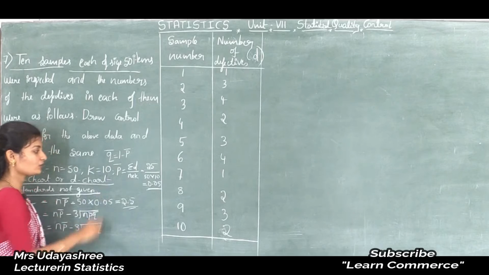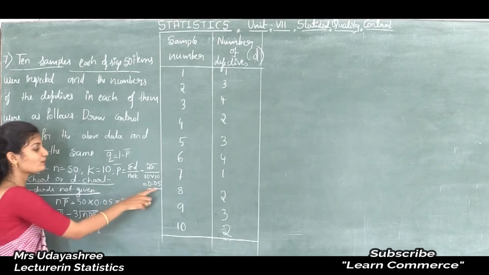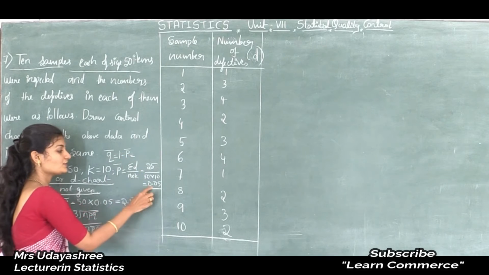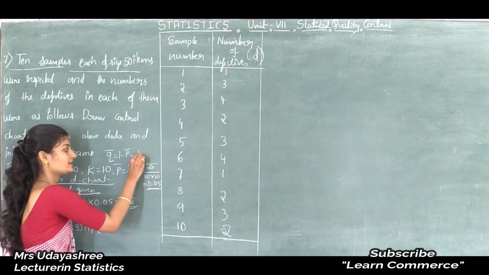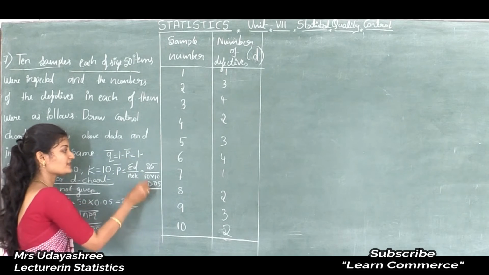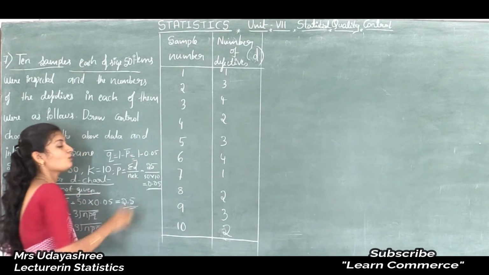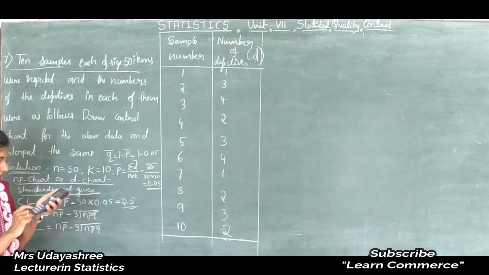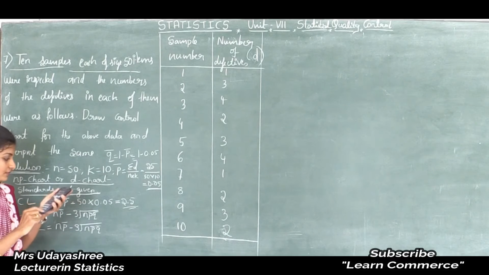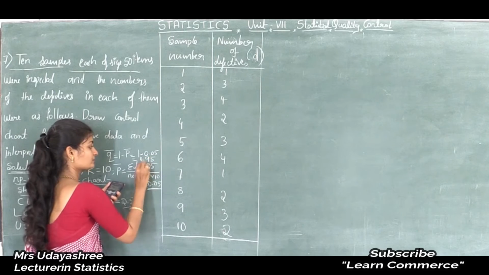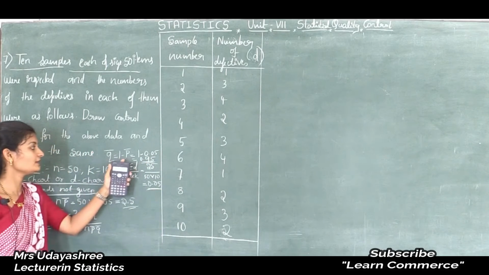We already calculated P bar, that is 0.05. So I substitute 0.05 here: 1 minus 0.05 is 0.95. Now we have the Q bar value also.